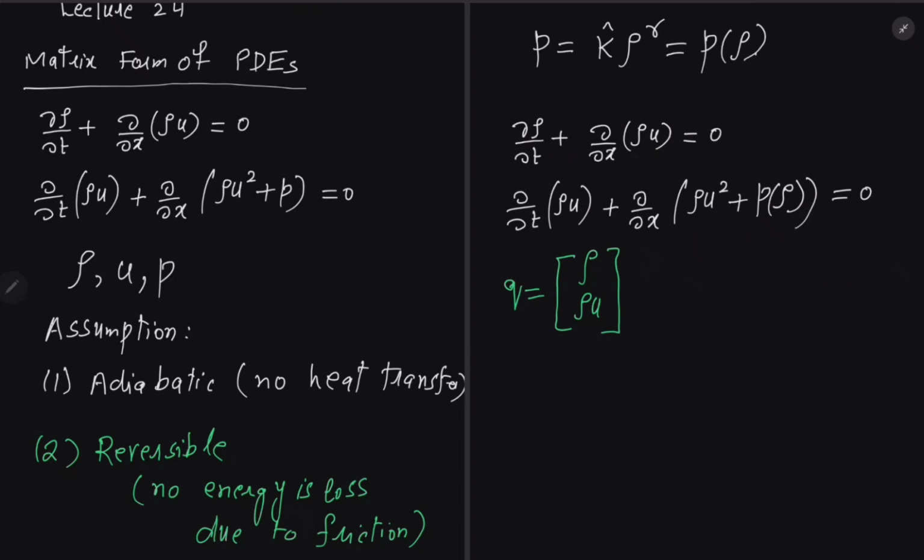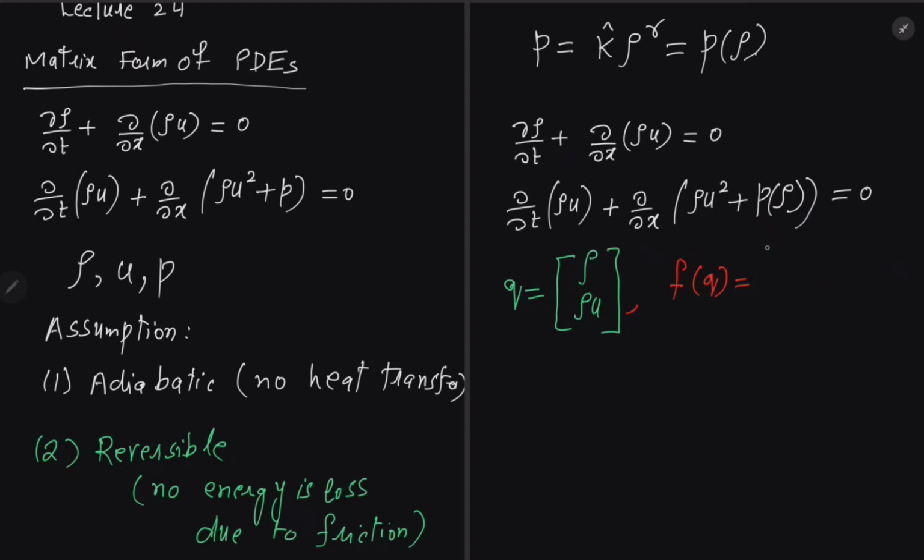So I write the flux F, and you know that it is a function of Q. So what is Q over here? In this case Q is rho and rho U.